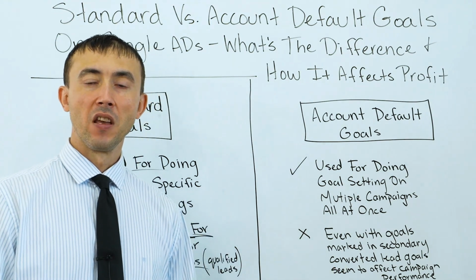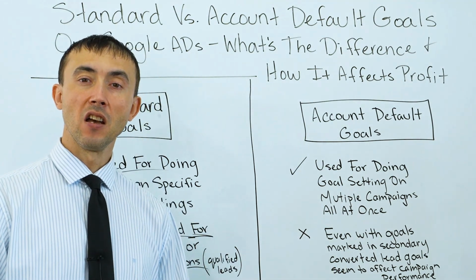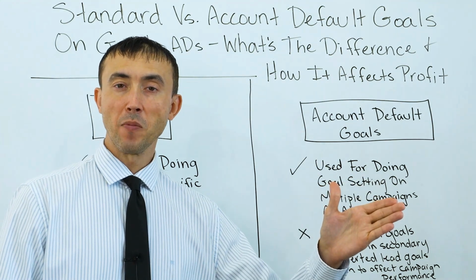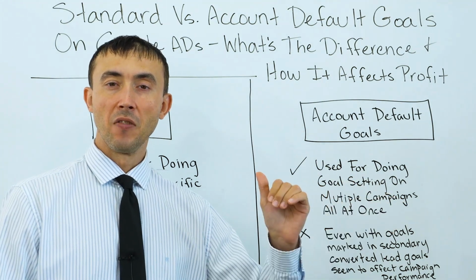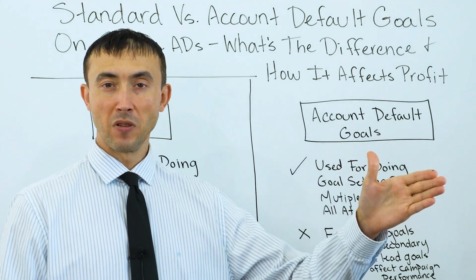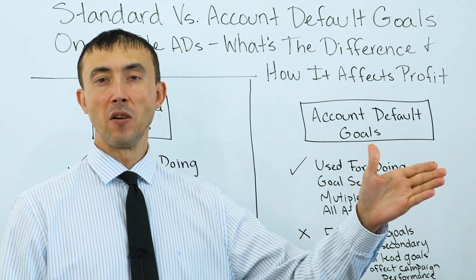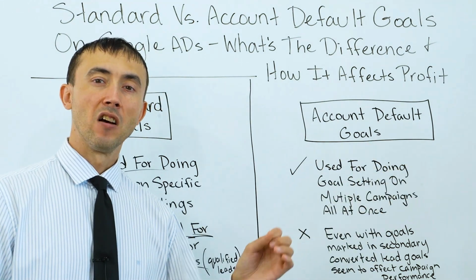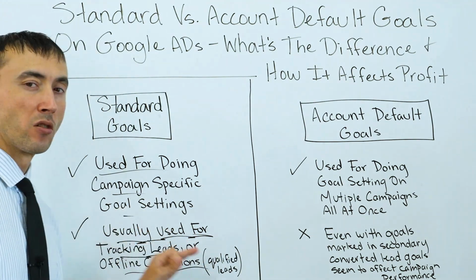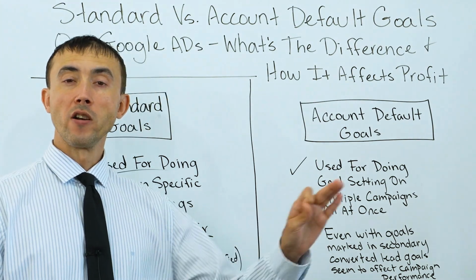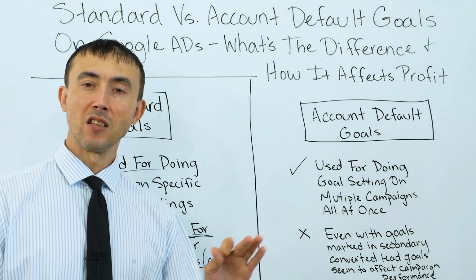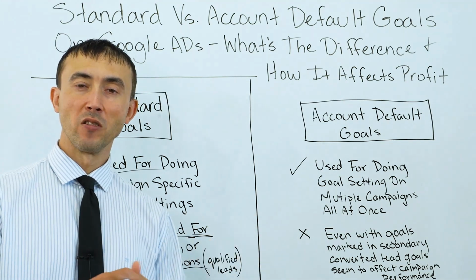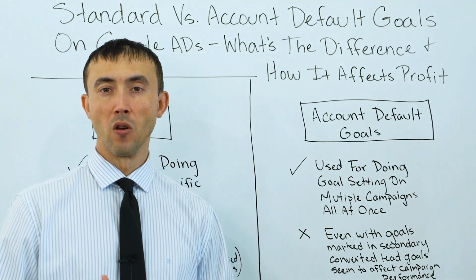And eventually, when I optimize for sales revenue, I'll just set up and leave that particular goal that tracks sales revenue as an account default goal, and then I'll mark the other goals secondary and also a non-standard goal. Or just go into the goal settings of each campaign and unselect the form fills and all that, the non-purchase goals.